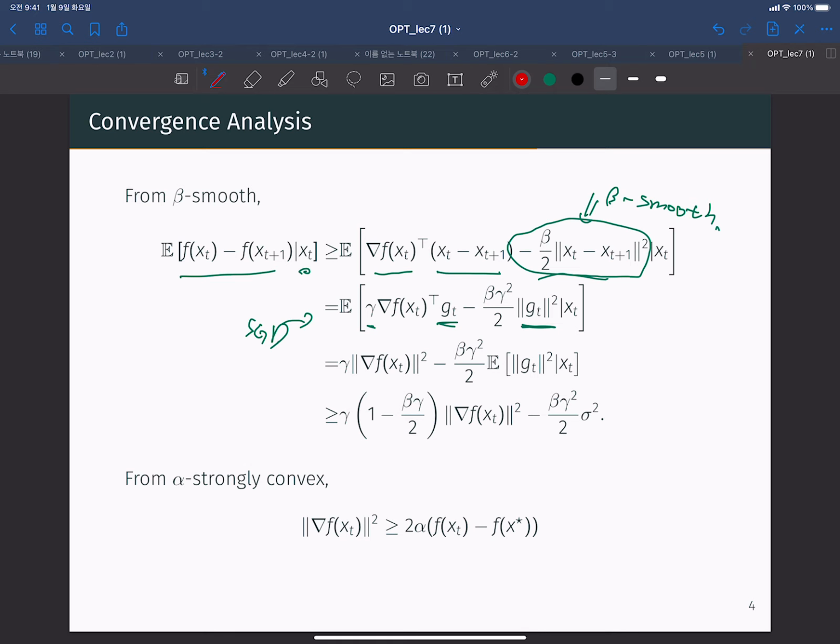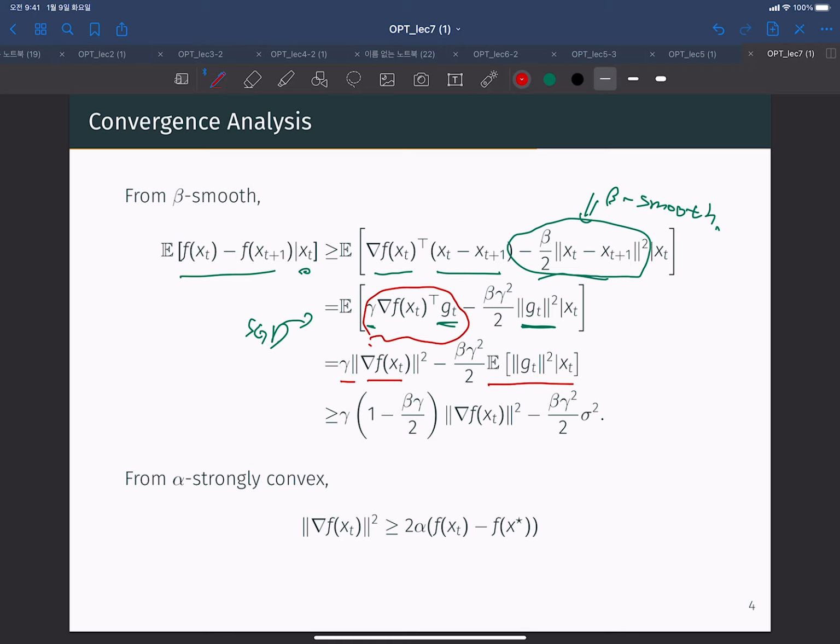So we have gamma times gradient of f(x_t) normed square as the expectation of this part. And then we just write down the expectation of g_t normed square for given x_t.